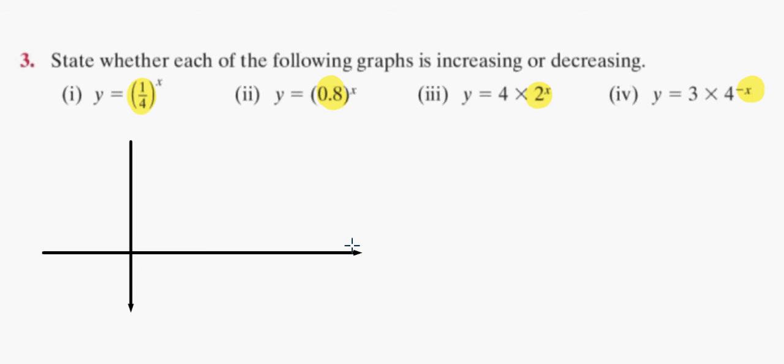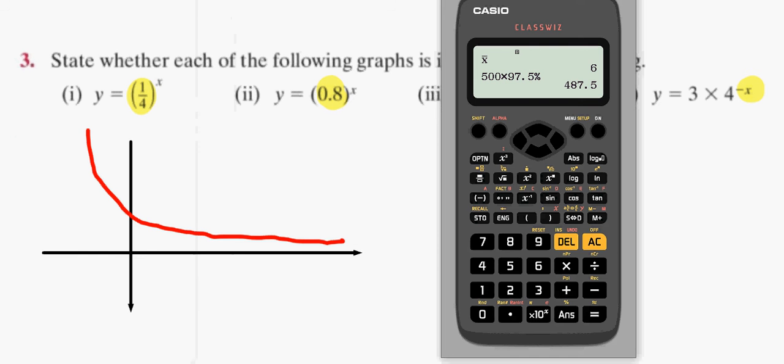Alright, what do we think about this one? I reckon it's going like this. Can't be negative, can it? Why can it not be negative? Why can it not go below the x-axis? Power is always positive. Alright, let's find out. If you're worried about that, just go into the table function, go to menu, table, enter it in, 0.25 to the power of x, do your usual trick, go 5 to the left, 5 to the right, step of 1.